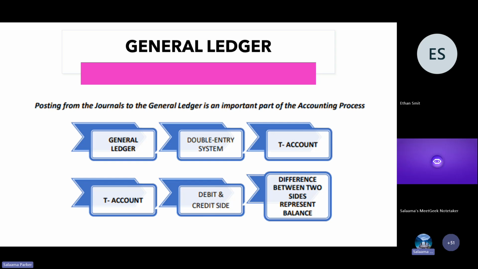And also very important to note that if you have amounts on either side, if you've posted to the debit side and the credit side, you must remember to calculate a balance. Okay, so you have to calculate what is the difference between the two, and that will represent a balance. Okay, so we're going to look at different examples where we might only have to record on the one side and then on both sides of the T account. Okay.